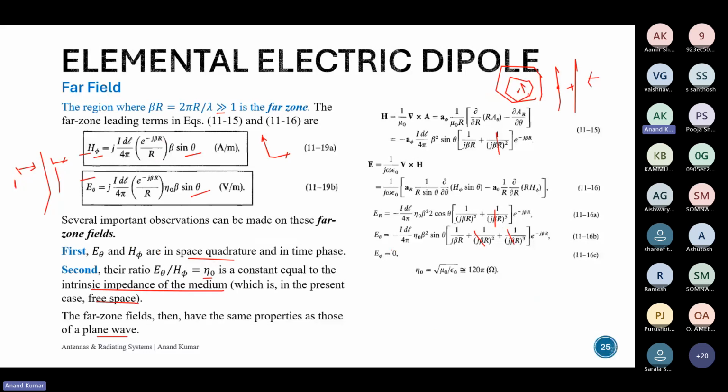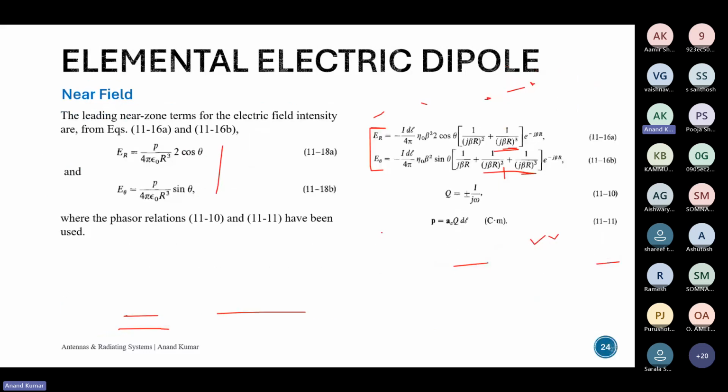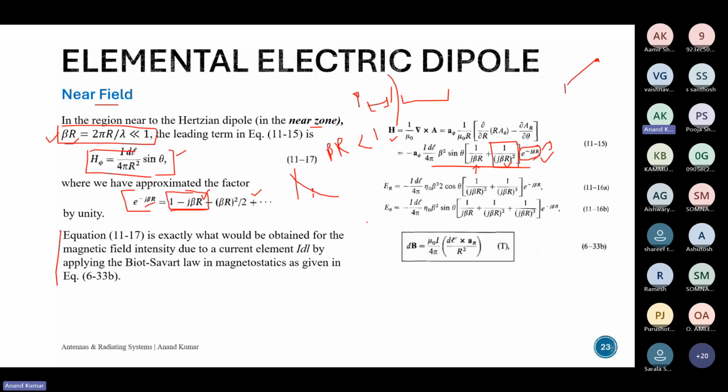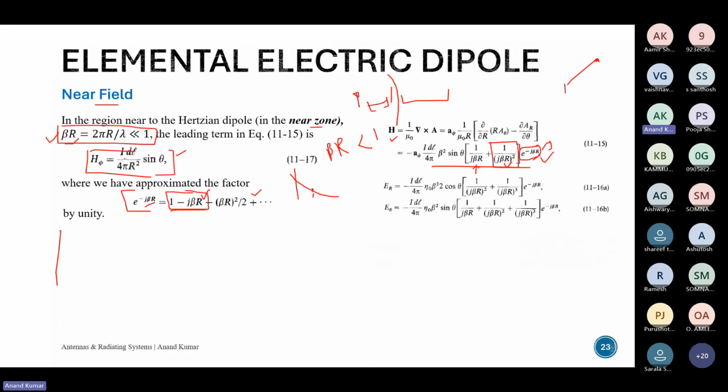Maybe I can try answering Ramesh's question again. How did we get the beta R term over here? So we do have this expression, right? E power minus j beta.